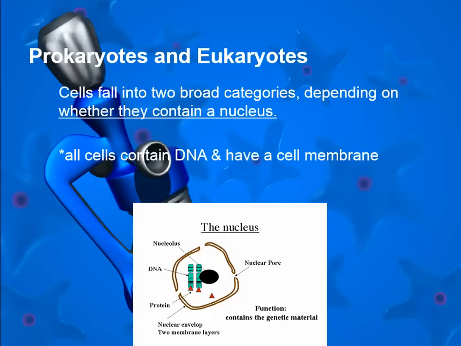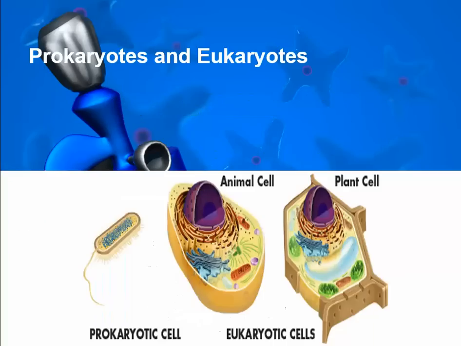So cells fall into two categories depending on whether they contain a nucleus. And remember, nuclei are in eukaryotes, and prokaryotes are the ones without. But you must remember that all cells have DNA and have a cell membrane. All cells have DNA and a cell membrane. Doesn't matter if they're prokaryotic or eukaryotic.